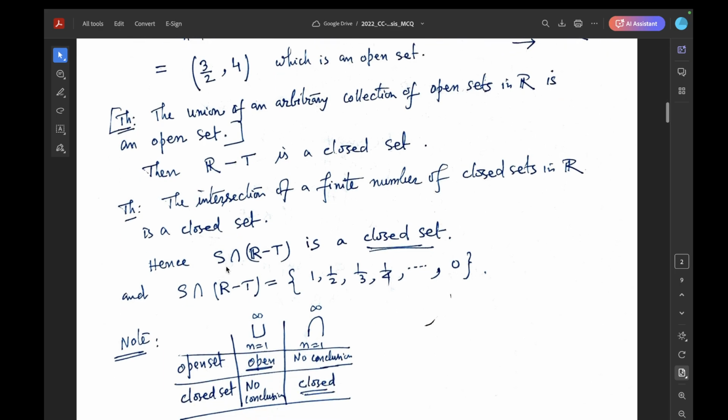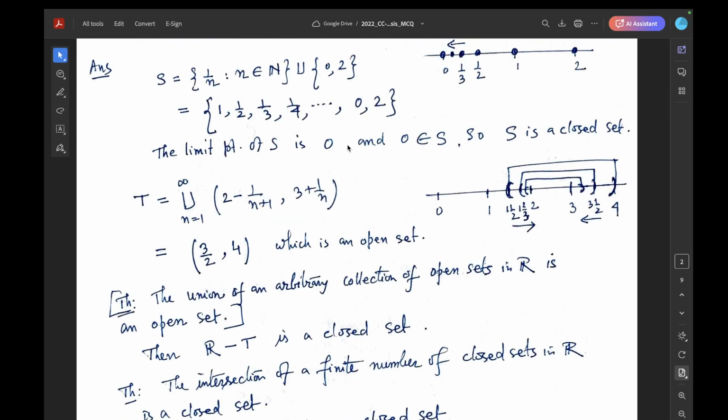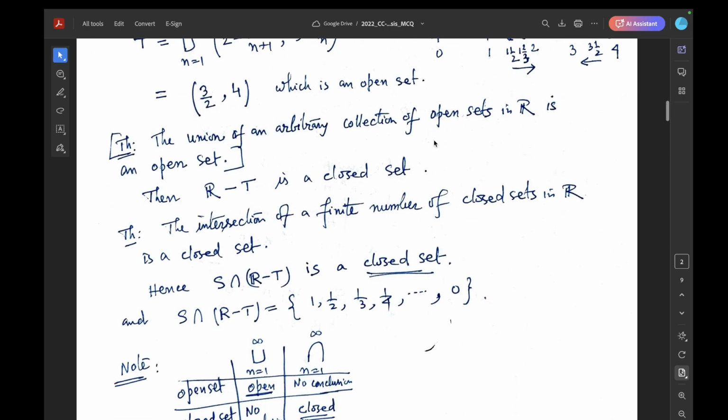Then S is a closed set because the limit point 0 is included in the set S. So this closed set intersection closed set is a closed set, because the intersection of a finite number of closed sets in R is a closed set.